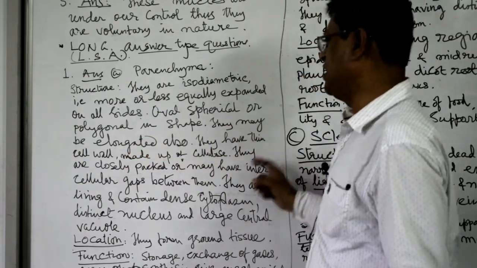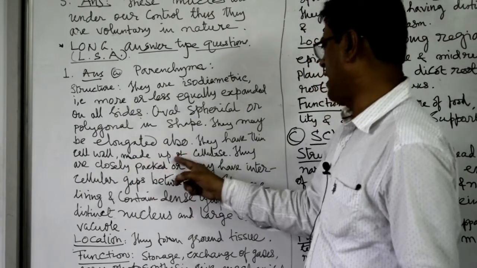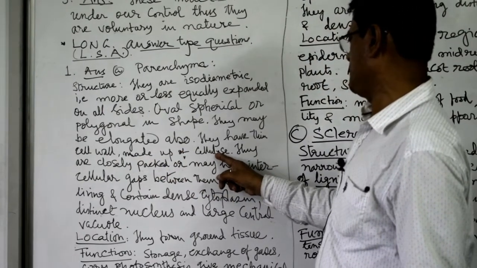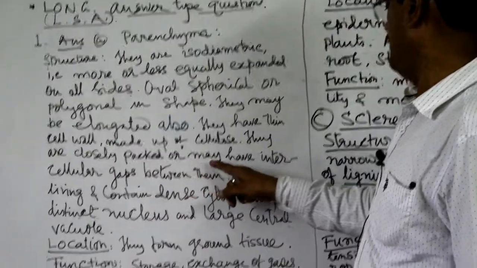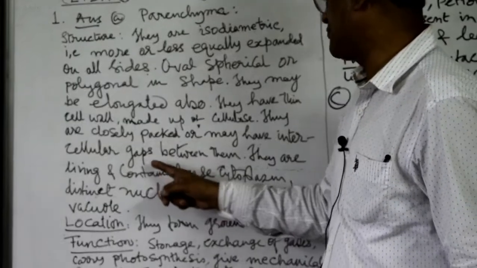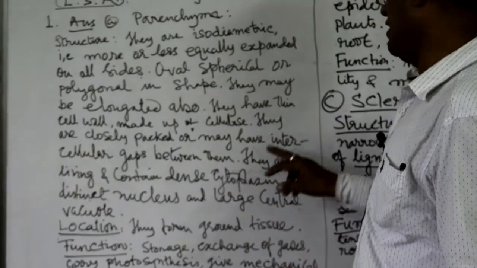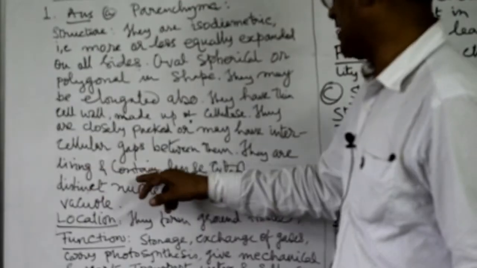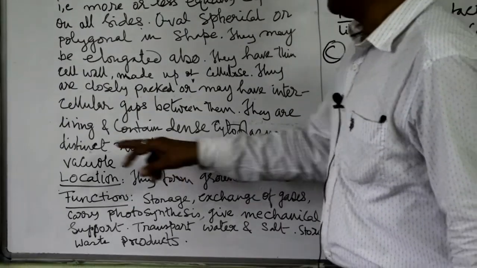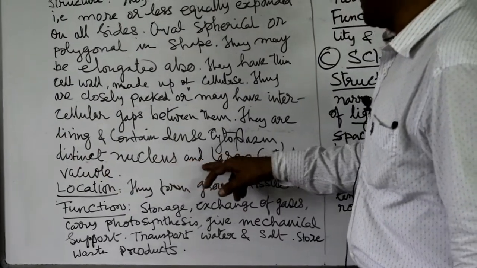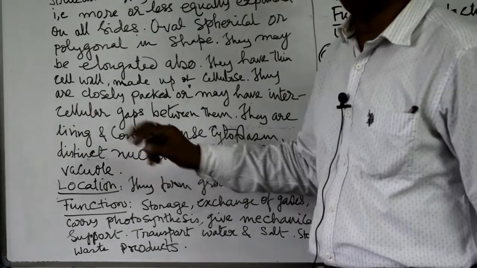They have a thin cell wall made up of cellulose. They are closely packed or may have intercellular gaps between them. They are living and contain dense cytoplasm, a distinct nucleus and a large central vacuole.